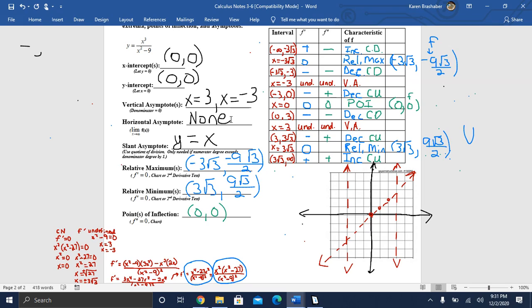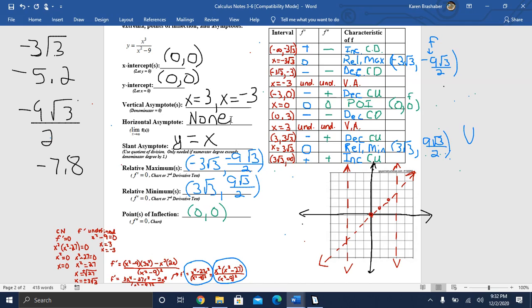Negative 3 square root 3 has a decimal value of negative 5.2. And negative 9 square root 3 over 2 has a decimal value of negative 7.8. Both of those are approximations.